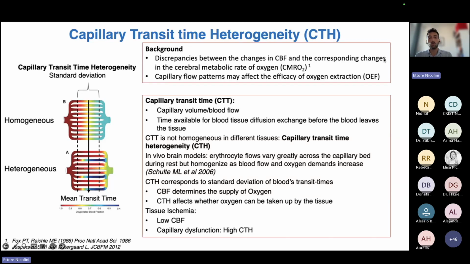Indeed, while cerebral blood flow determines the supply of oxygen to the tissue, the capillary transit time heterogeneity affects whether this oxygen will be taken up by the tissue. And during ischemia, we have a reduction of cerebral blood flow with a consequent capillary dysfunction, so an increase of capillary transit time heterogeneity.